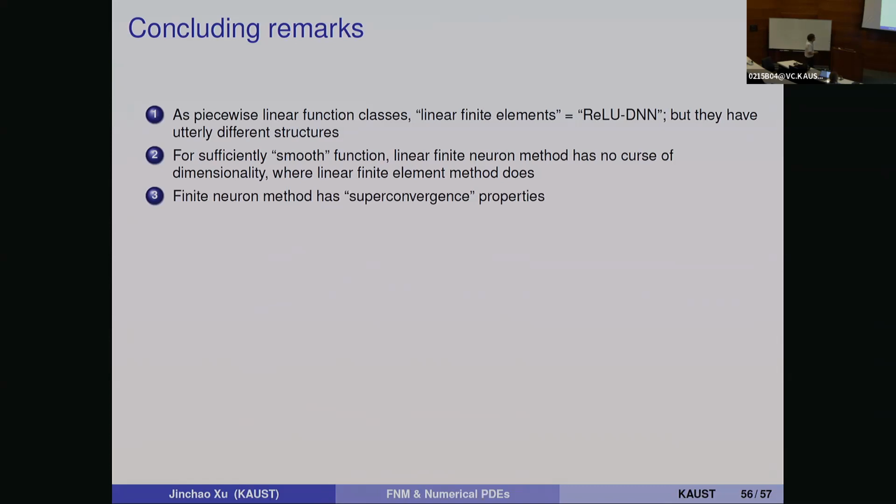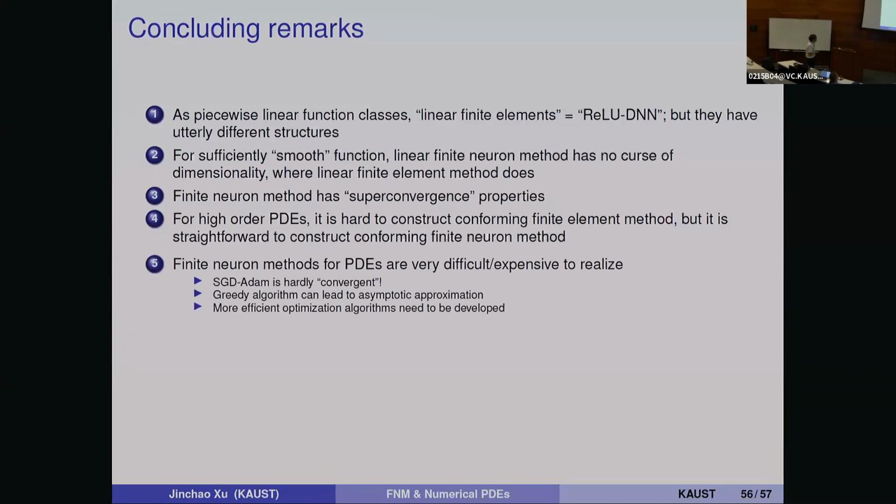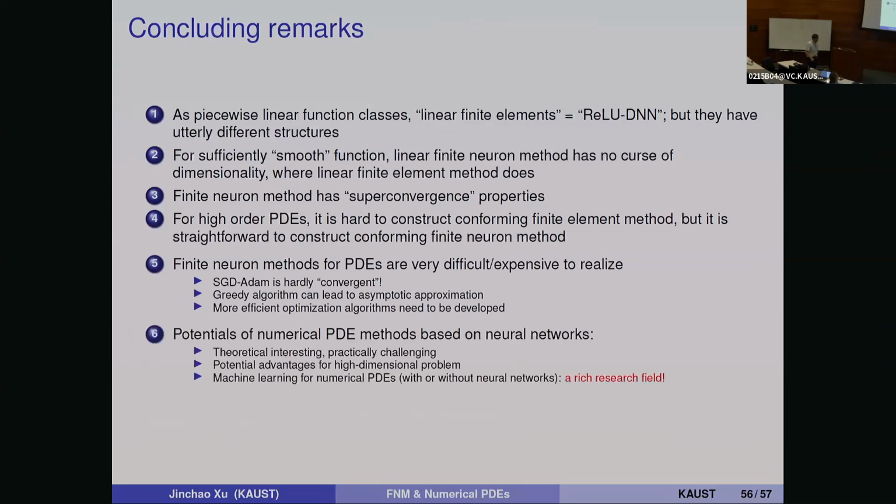Finite neuron has a super approximation property, but it's very difficult to get them. Some people ask me, should I use a neural network function to solve PDE? My answer is no, don't use it, not for low dimension problems.